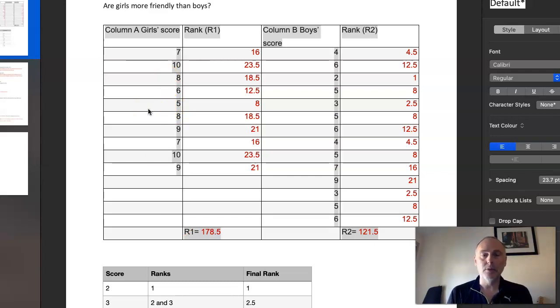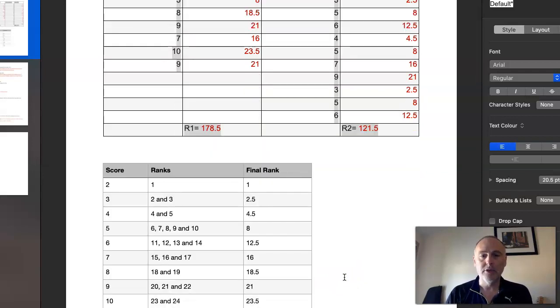Even though they appear in two columns, they're going to be taken as one big homogeneous blob of data. Why is that a problem? Because it can be really fiddly and really hard to work out whether you've made any mistakes as you're going along. So what I do with these, and I think this is quite a useful thing, particularly if you've got lots of data, is to create a ranking table.